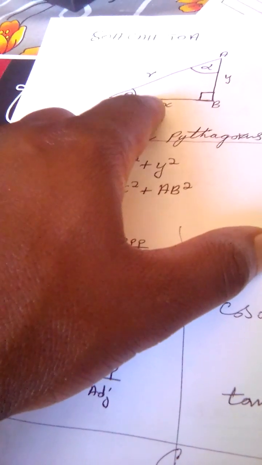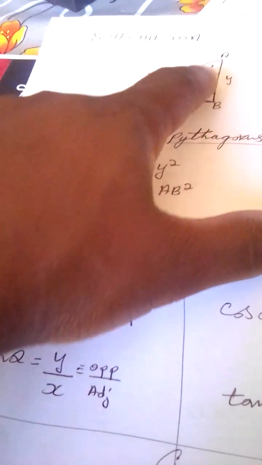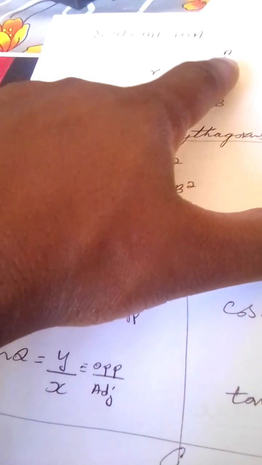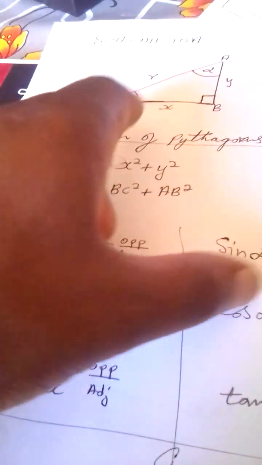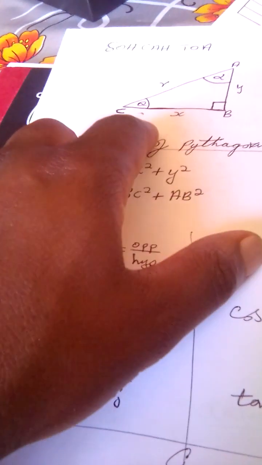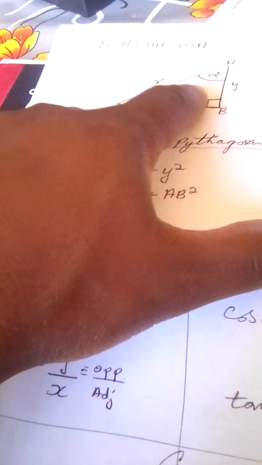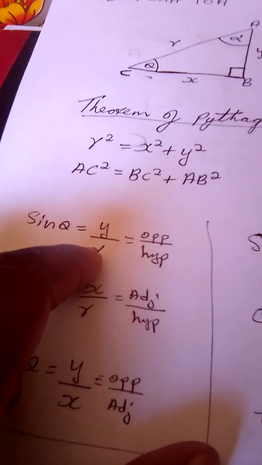Then I check the angle that I'm using. This angle is opposite to this side. So if this is hypotenuse and this is opposite, then obviously the last one will be adjacent. So when I apply SOHCAHTOA, sine is opposite over hypotenuse. That's why we have y over r.